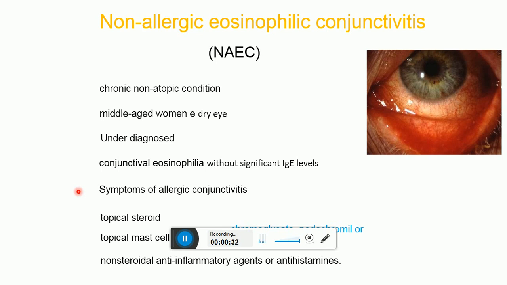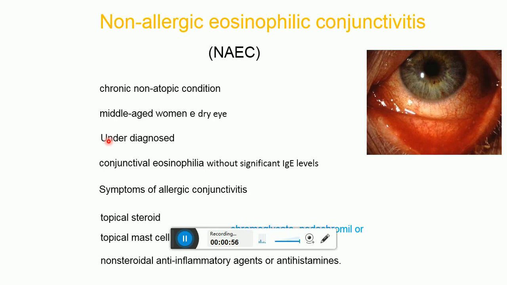It is chronic and non-atopic and occurs in middle-aged women in whom there are already dry eyes. It has been suggested that it is relatively common but underdiagnosed, and is thought to be of similar pathogenesis to non-allergic eosinophilic rhinitis.